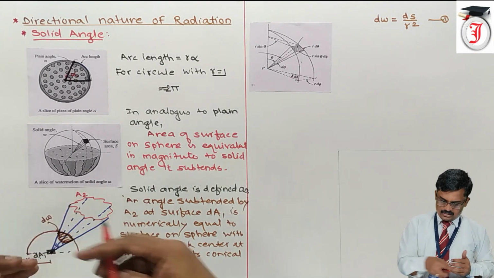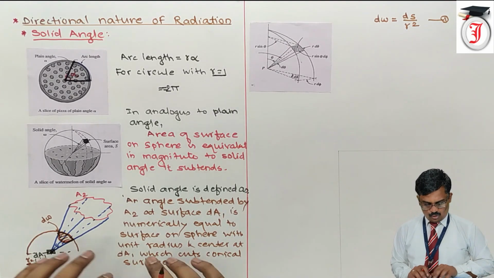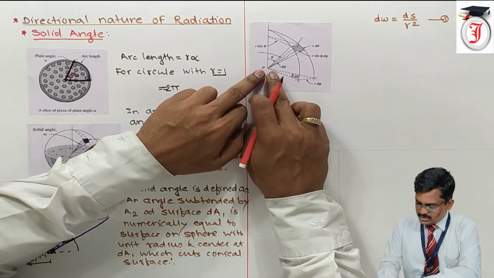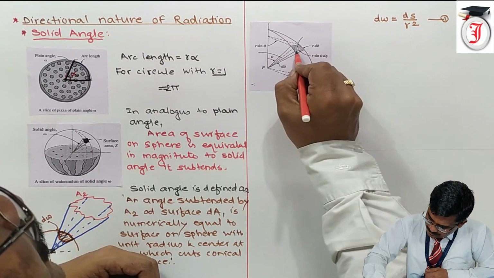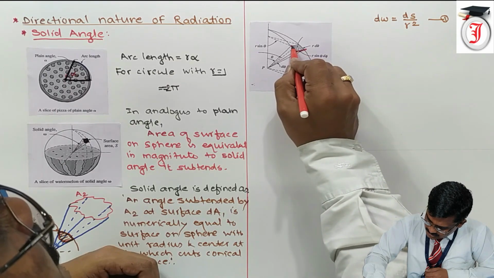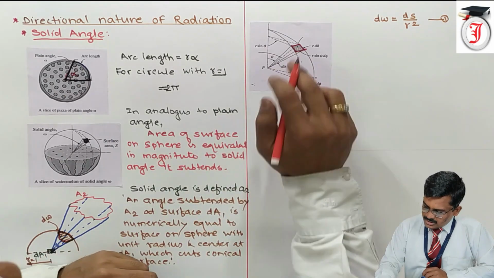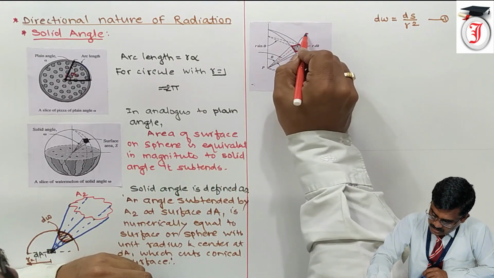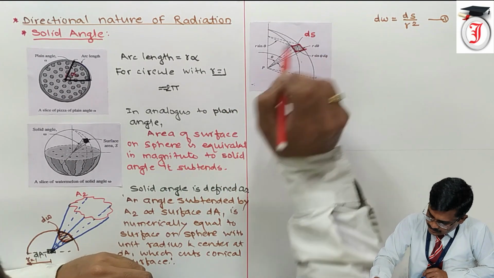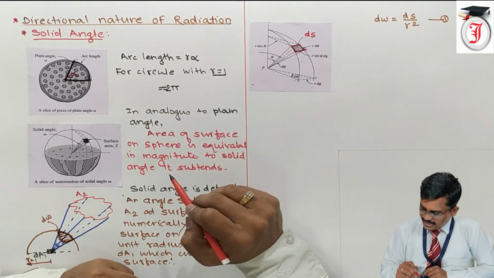Now let us derive the expression for a solid angle. Let us consider this is an elementary area on a sphere. Let us consider this area as ds.